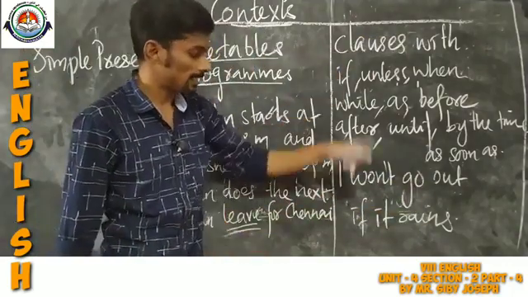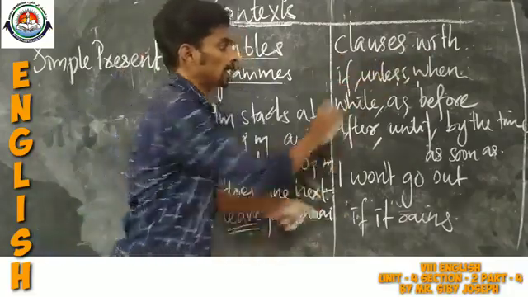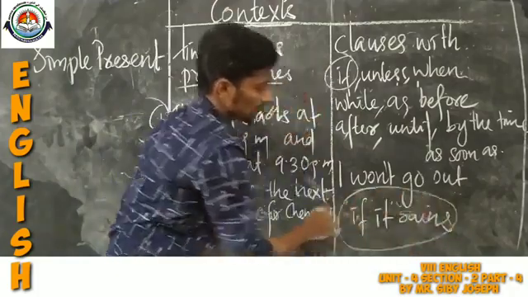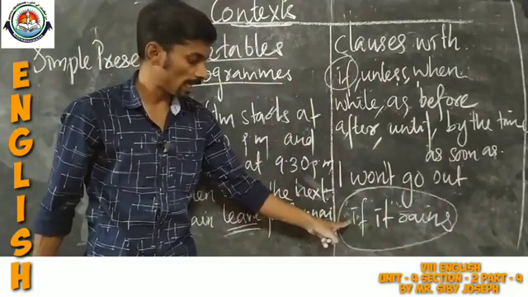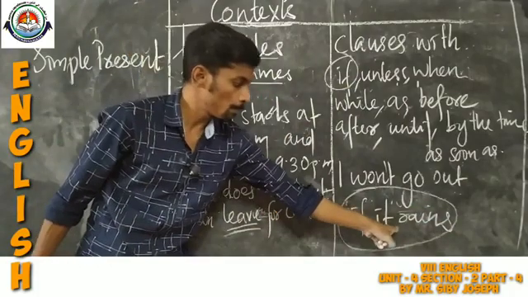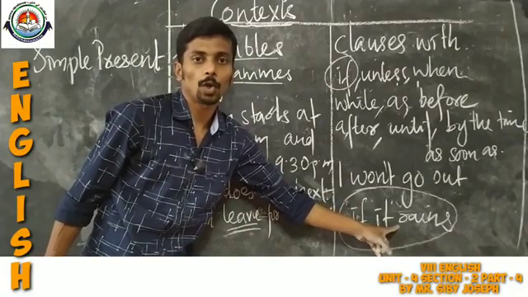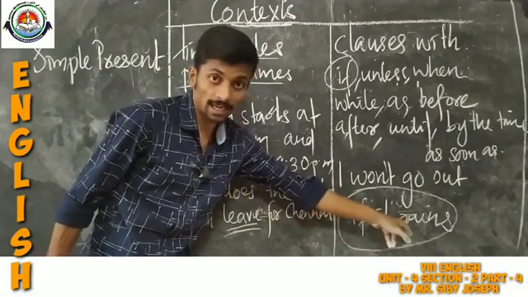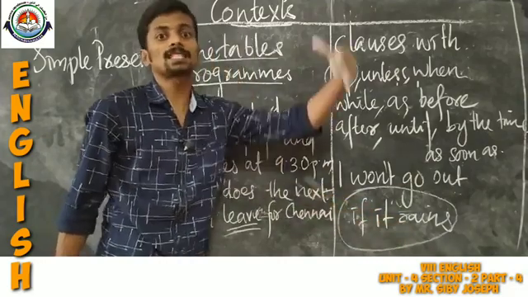Here the sentence has a clause with if: it rains. If a sentence has a clause with if, the simple present will be taken with a future meaning. Here, even though the sentence is written in simple present, it has a future meaning.